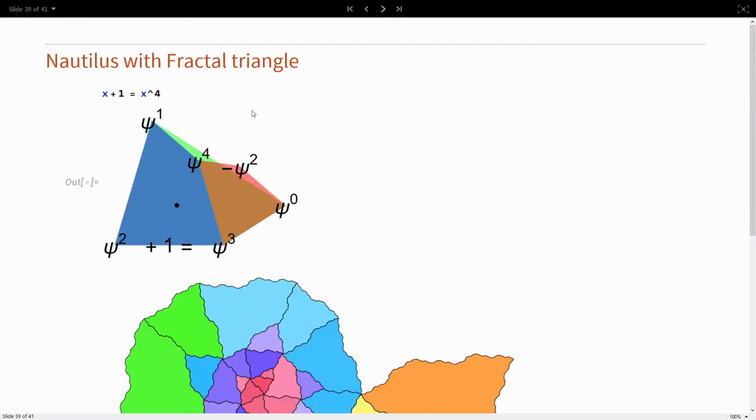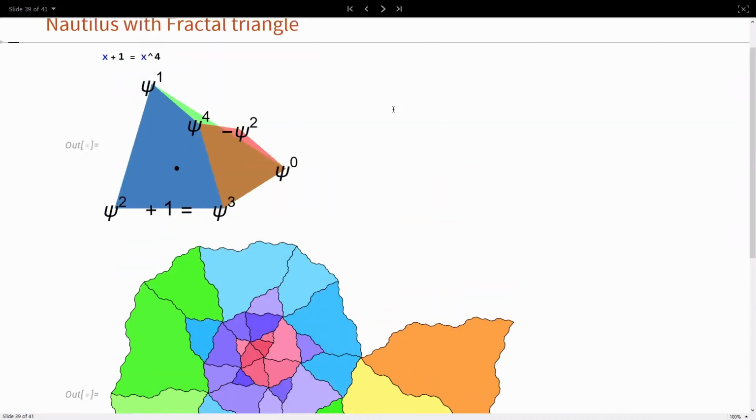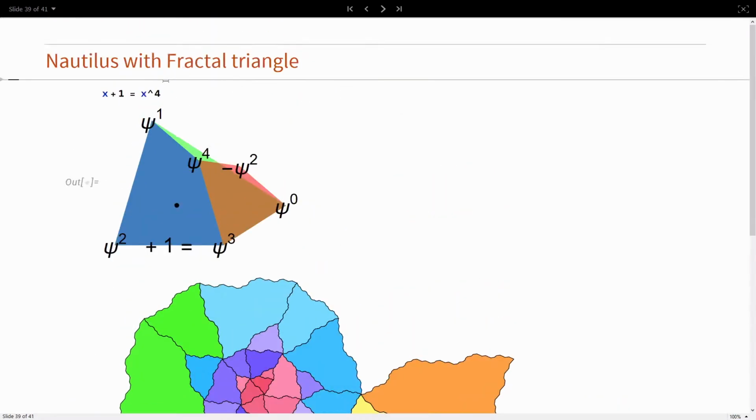Back at the start, we had this object here. Well, you can get that from what's called the super golden ratio, where you solve this. The super golden ratio is the root of this problem, psi plus 1 equals psi to the third.